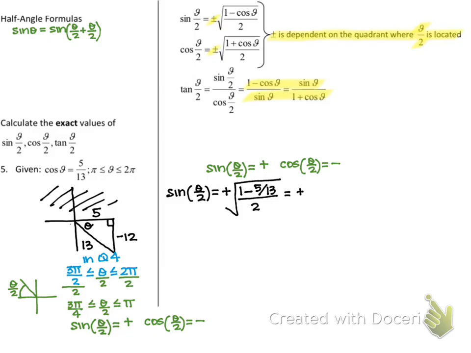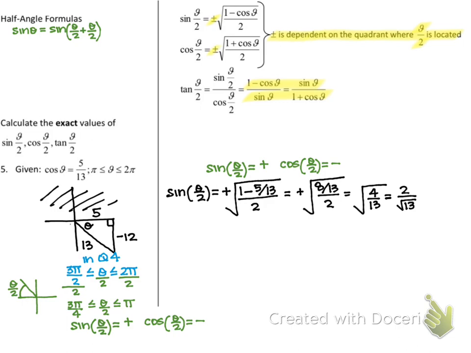That's positive. So this is actually going to give me 8 over 13 divided by 2, which is, and I don't need to keep the positive, it's understood that it's there, 4 over 13. Now if I square root them separately, this is 2 over the square root of 13.